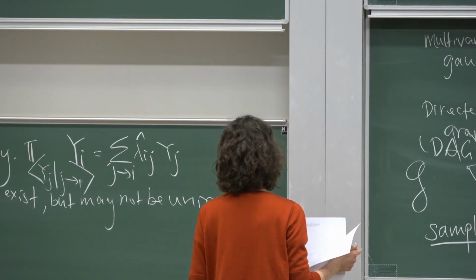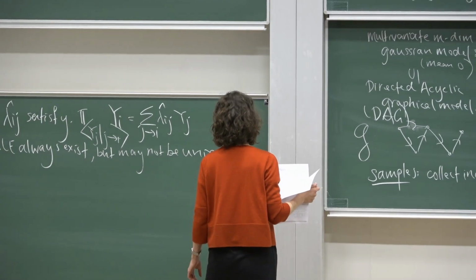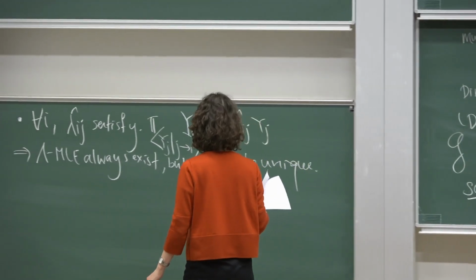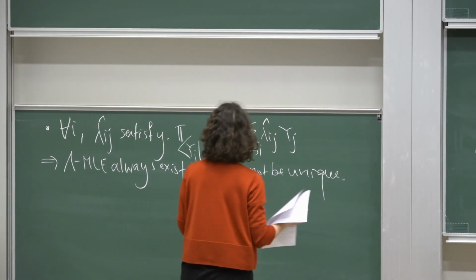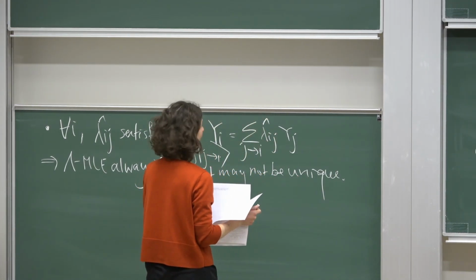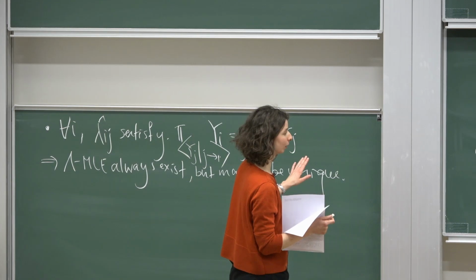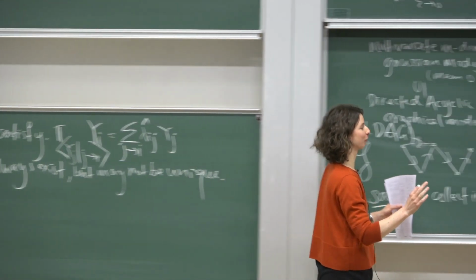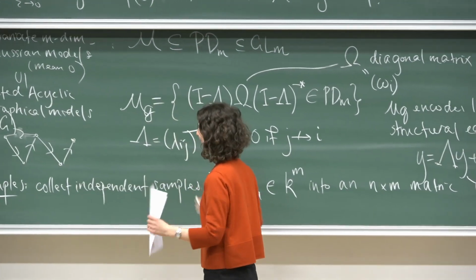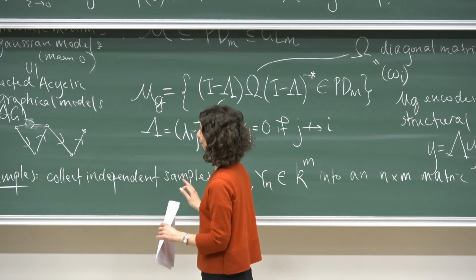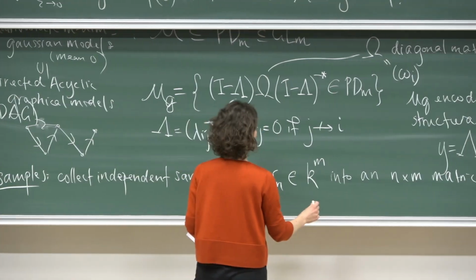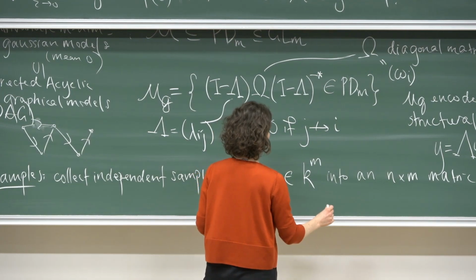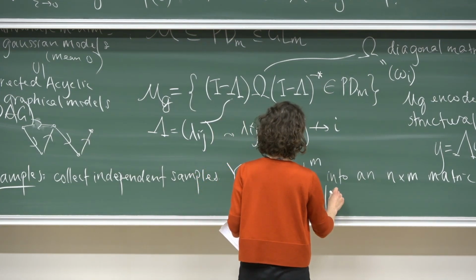Sorry, I've made a mistake. In the middle of the project, we switched around the matrix, and so I've written this wrong. Let's assume n is really big.